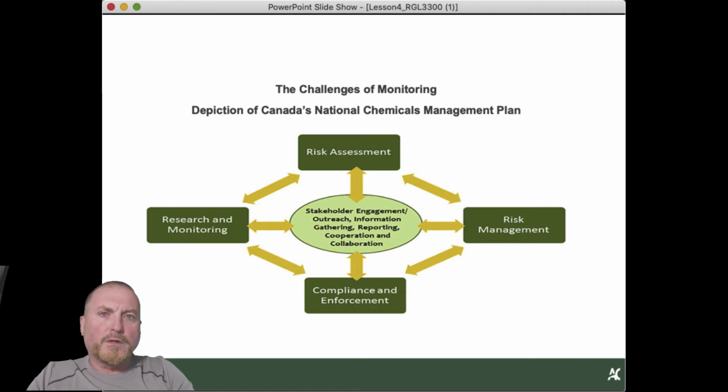A key component of that, of course, is compliance, promotion, and enforcement of the existing regulation with respect to a class of chemicals. And so we set up a risk management framework. Then we apply compliance, promotion, and enforcement to that risk management framework.